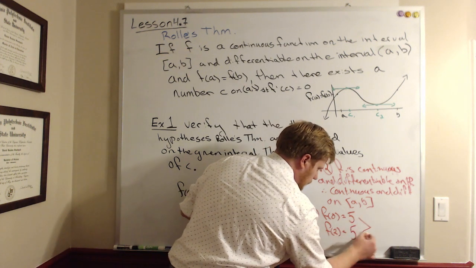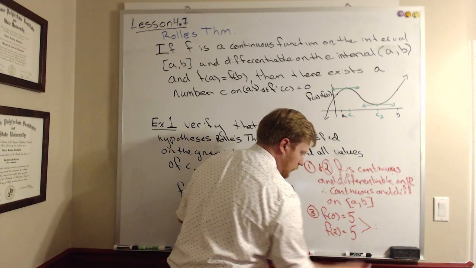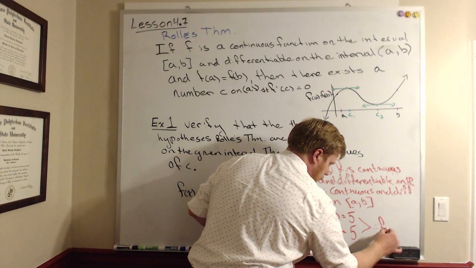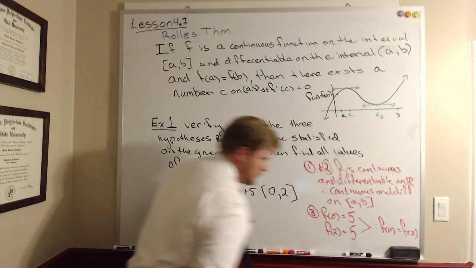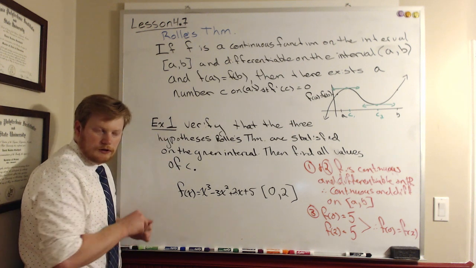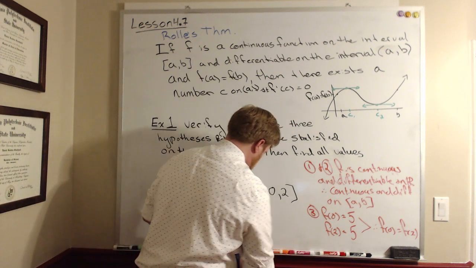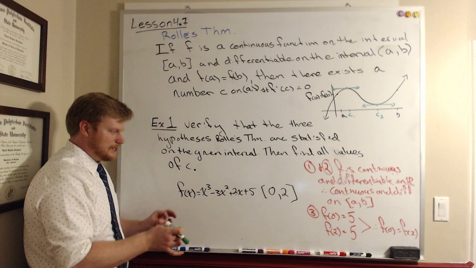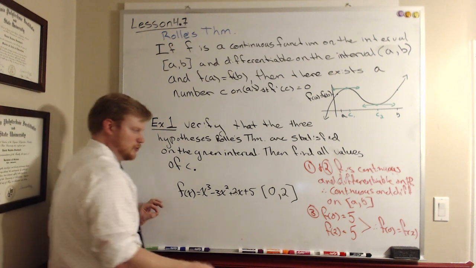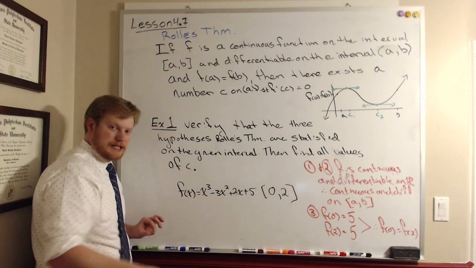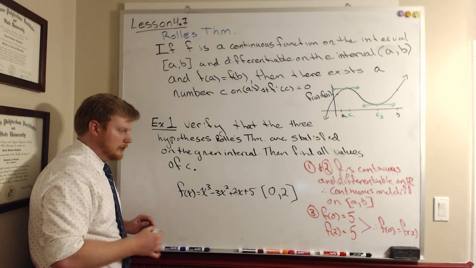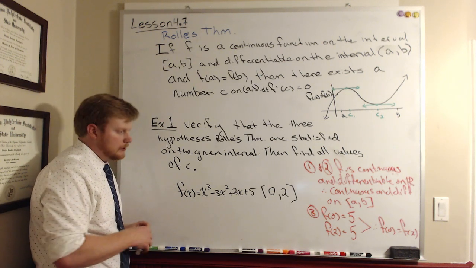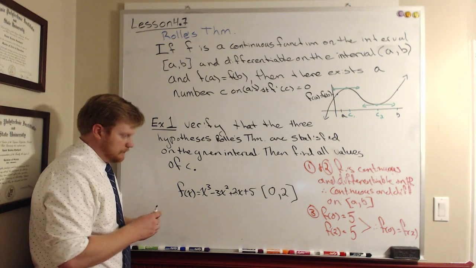And these things are equal. Therefore, f of 0 is equal to f of 2. So the conclusion is that there must exist a value of c between 0 and 2 such that the derivative of f at those points or point is equal to 0.